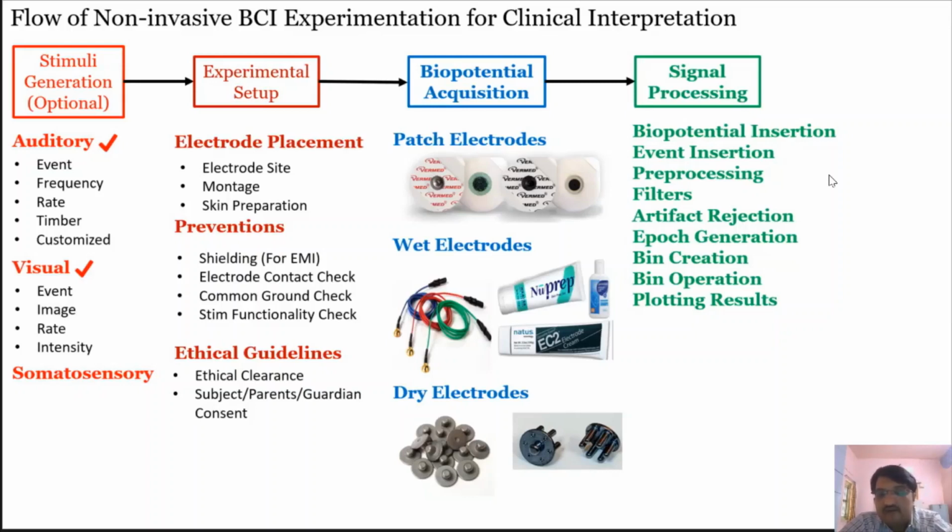Further, EEG is in the range of a few tens of microvolts. Even after pre-processing, there are some values which will go beyond plus or minus 150 microvolts or plus or minus 100 microvolts. Based on your application, you can set this artifact rejection criteria. Values greater than plus or minus 100 or plus or minus 150, you can remove and replace with baseline.